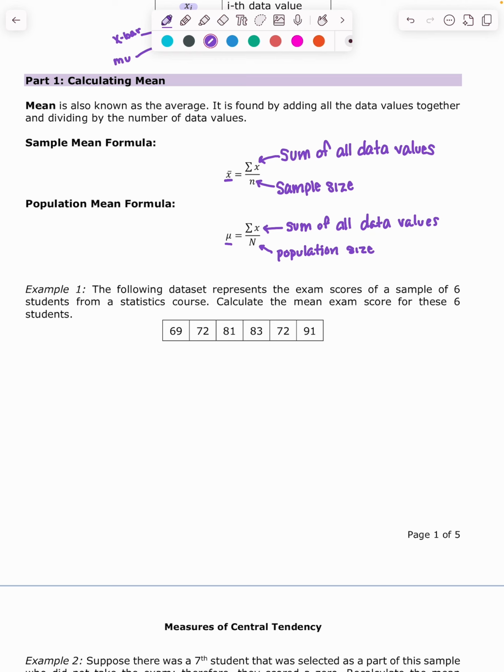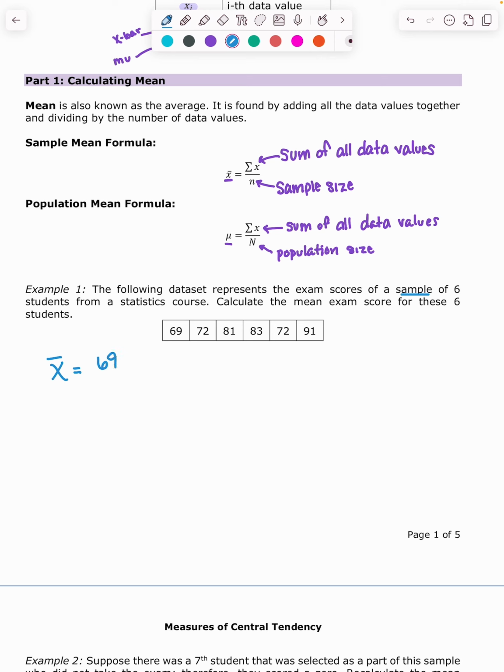So we're going to do a couple of examples. The first one, we have a data set of exam scores for a sample of 6 students from a statistics course. We're going to calculate the mean exam score for these students. So because it is a sample, that would be X bar. And we're going to calculate the mean by adding together all of the numbers.